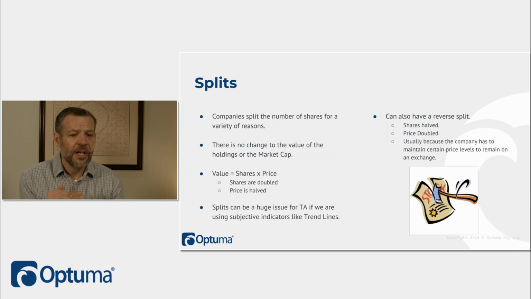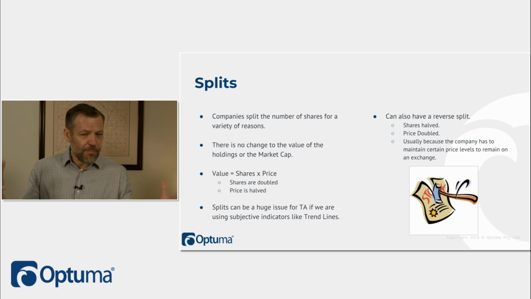All right, splits. Companies split the number of shares for a variety of reasons. Sometimes it's to keep the price more accessible to traders. Sometimes it's to stay on the exchange. When we do a reverse split, maybe the price is getting so low that they don't meet the criteria of being on the exchange, and so they do a reverse split, minimize the number of shares out there, and increase the price.